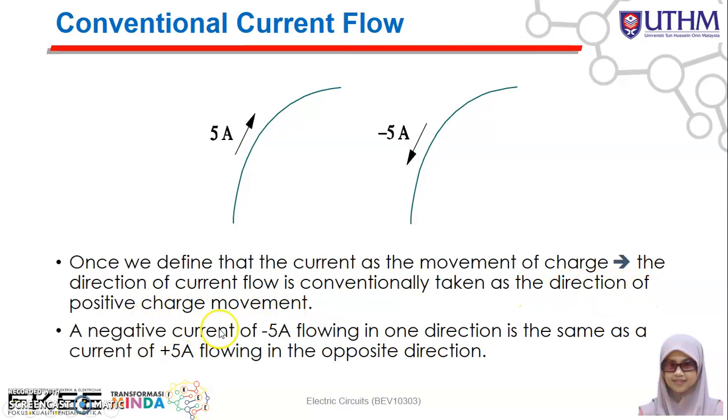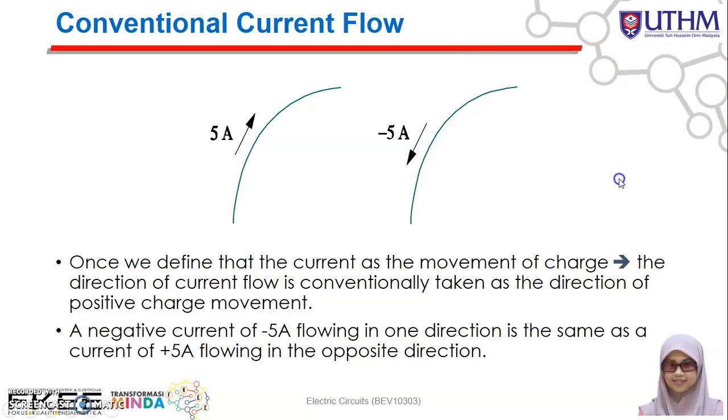A negative current of negative 5 ampere flowing in one direction is actually the same as a current of positive 5 ampere flowing in the opposite direction. So this is the conventional current flow that every engineer should use so that other people in the same profession can understand what we mean.